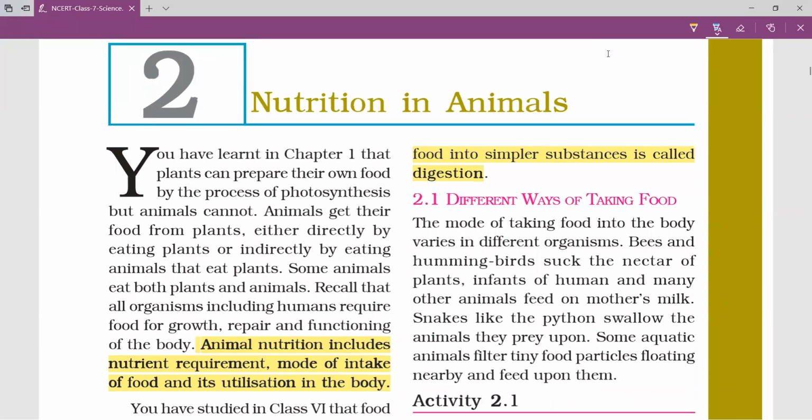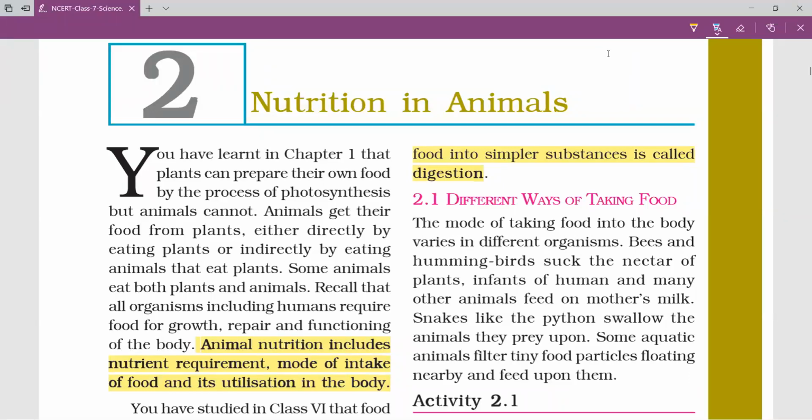In the first lesson, Nutrition in Plants, we studied different modes of nutrition observed in plants, like the autotrophic mode of nutrition and the heterotrophic mode of nutrition. Now in this lesson, we are going to learn nutrition in animals, like the single-celled animal amoeba, herbivore animals, and nutrition in human beings.